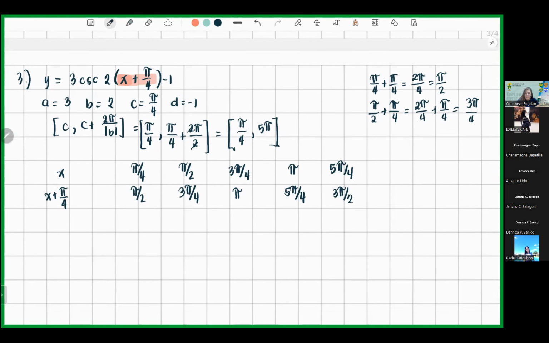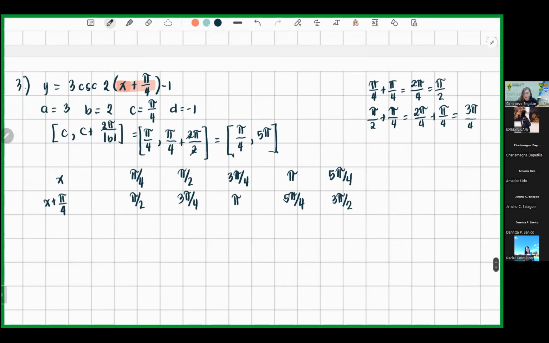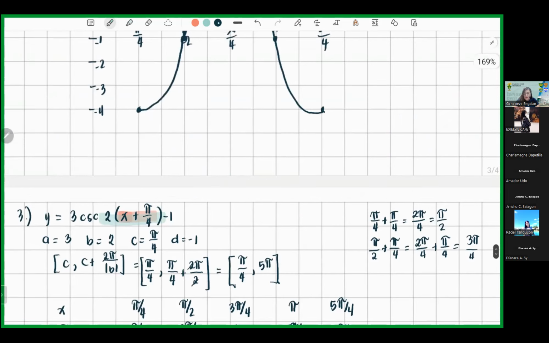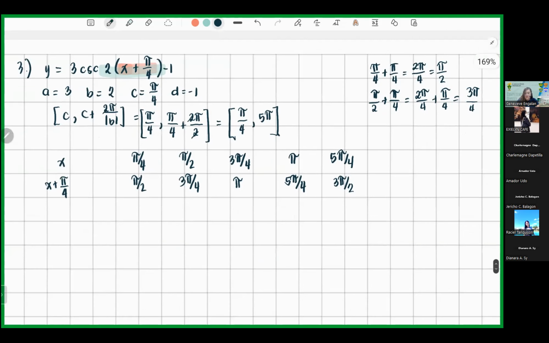Next, multiply by 2. So you have 2 times x plus pi over 4.